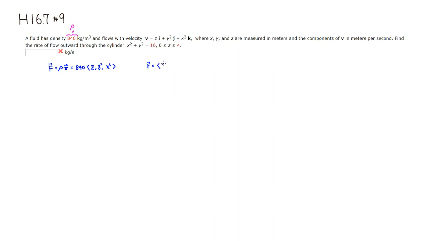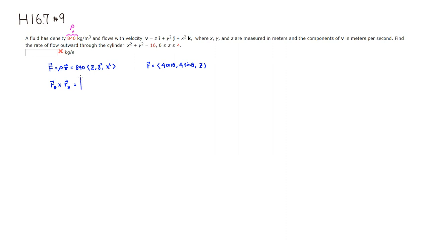So we can use 4 cosine of theta for x, and 4 sine of theta for y, and z as z, right? Then we can find the cross product of the partial of r with respect to theta, cross the partial of r with respect to z.